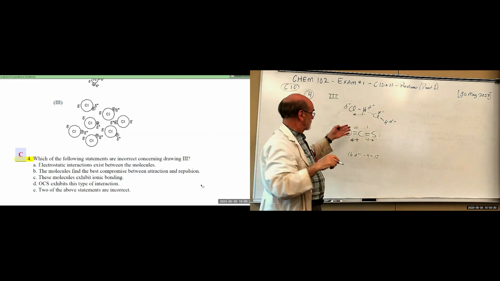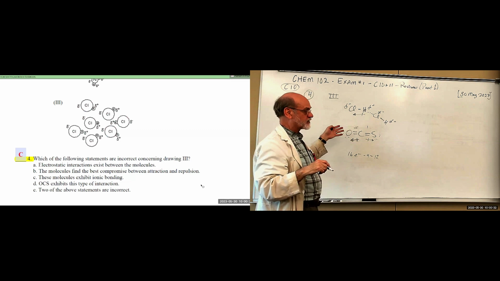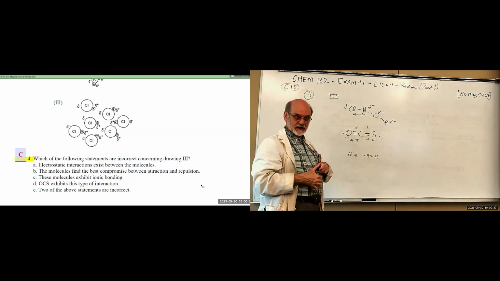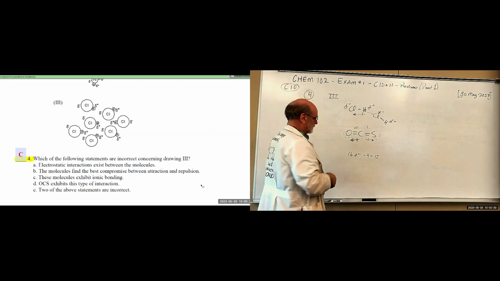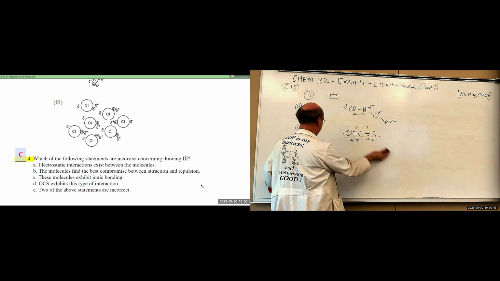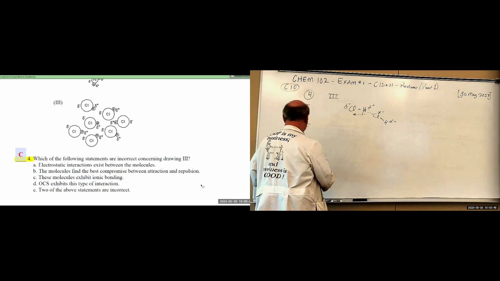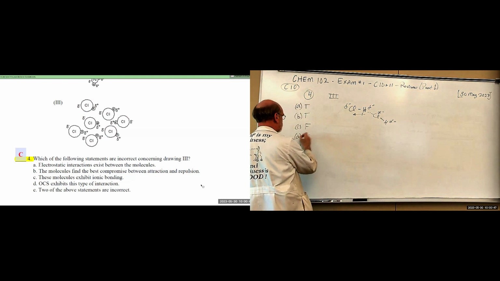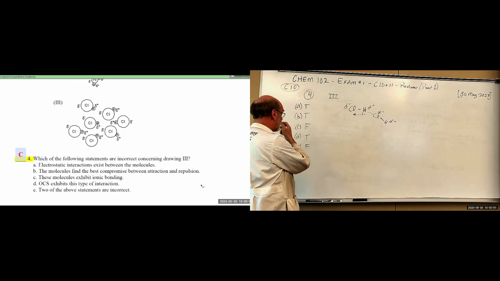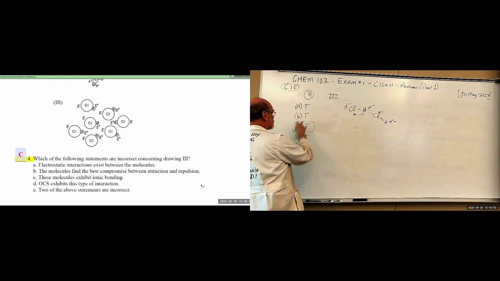So yes, this type of interaction would be exhibited by that molecule. It's unbalanced in its charge distribution. So that means this one is also true. And that means E is false, because there's only one that's wrong in this group of 4.